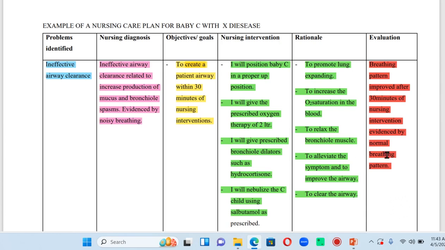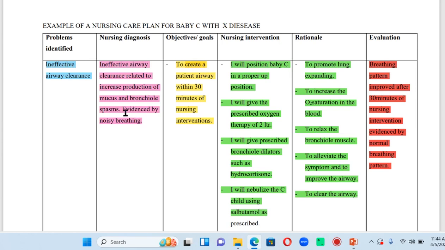You've seen here we had said within 30 minutes, and in our evaluation we are going to say within 30 minutes. After 30 minutes I'll assess to see if my goal has been achieved. So breathing pattern improved after 30 minutes of nursing interventions, evidenced by normal breathing pattern, or rather absence of wheezing sound or noisy sound.